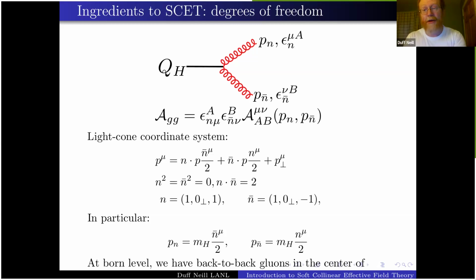And I can take any Lorentz vector that I want and split it up into a coordinate system where I have one part that's parallel to my light cone direction n bar, one part that's parallel to my light cone direction n, and then there's going to be whatever is the transverse fluctuations away from that. So in 4 space-time dimensions, those transverse fluctuations are going to form a 2-vector, which is just the spatial momenta in the plane transverse to the axis defined by the back-to-back gluon system.